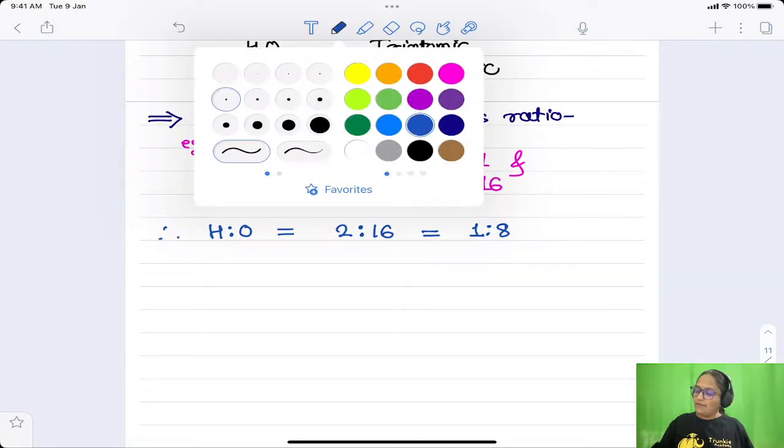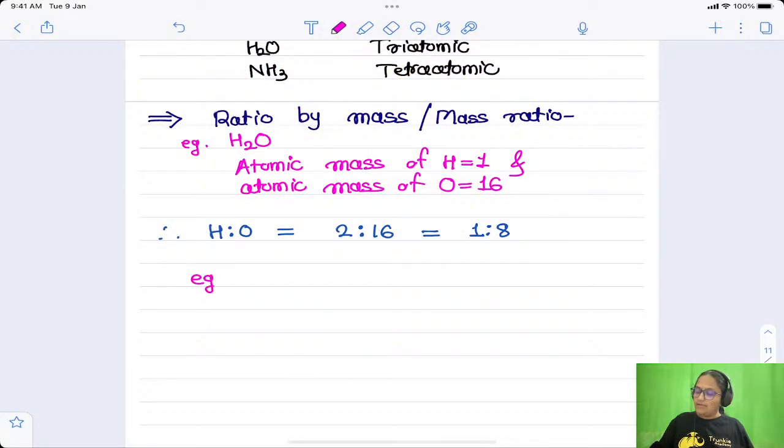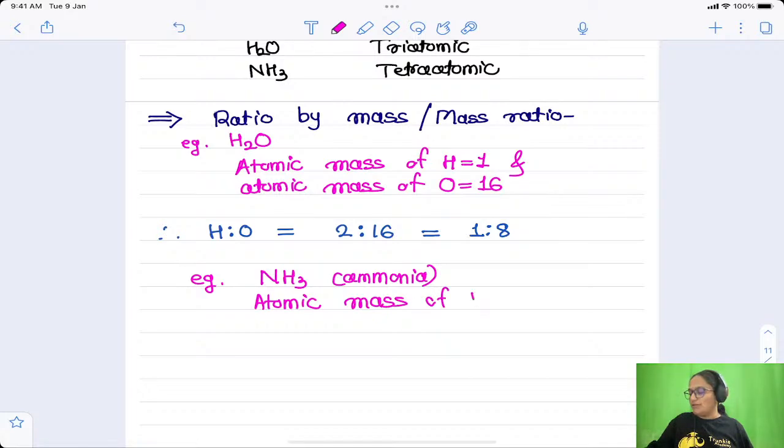Another example is ammonia. Ammonia formula is NH3. In ammonia there are again 2 types of atoms, one is hydrogen, another is nitrogen. The atomic mass of nitrogen is equal to 14, right? And that of hydrogen is 1, right?